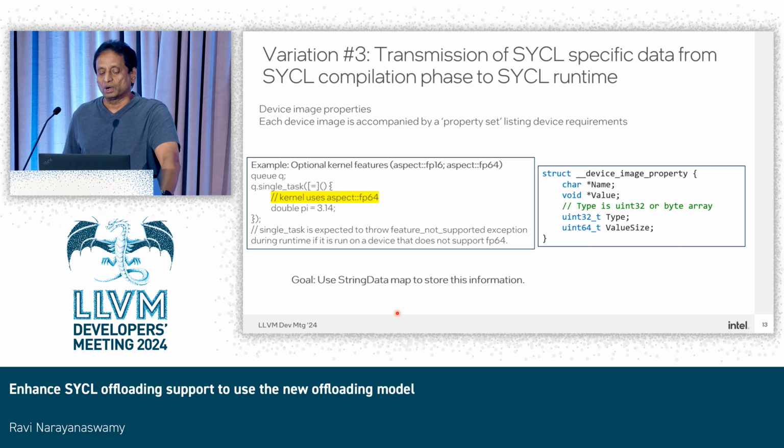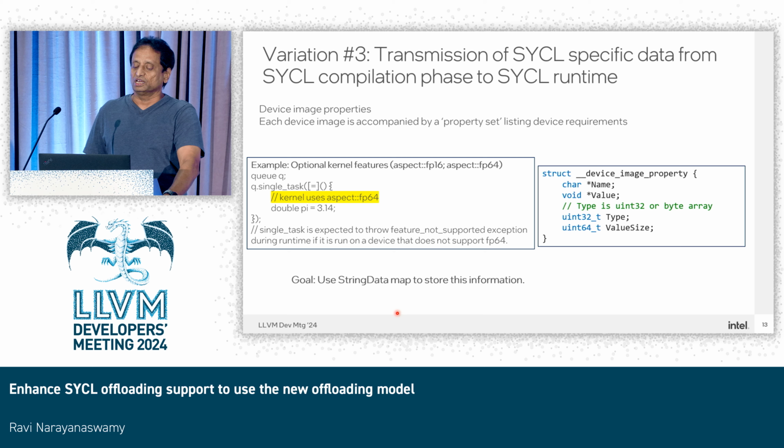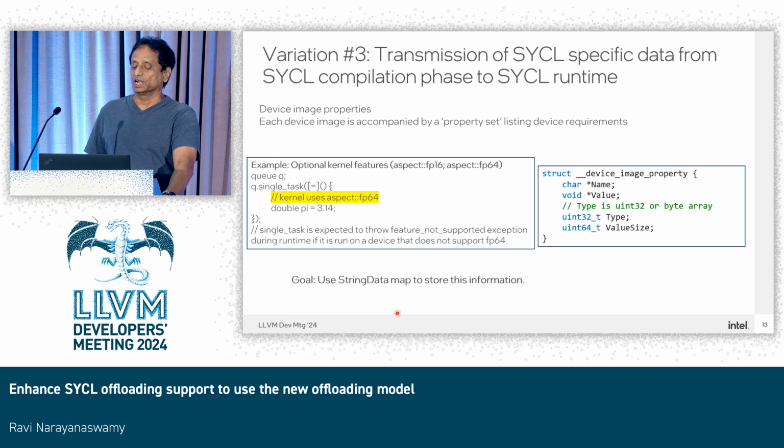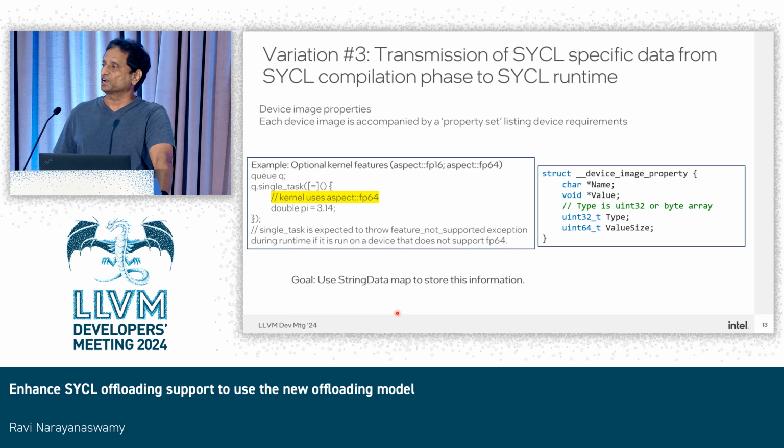So we need to add these attributes to the kernel, so that before JITting you can inspect the kernel and throw this exception if it's not supported on the hardware you're running on. Again, we use the string data map to store this.